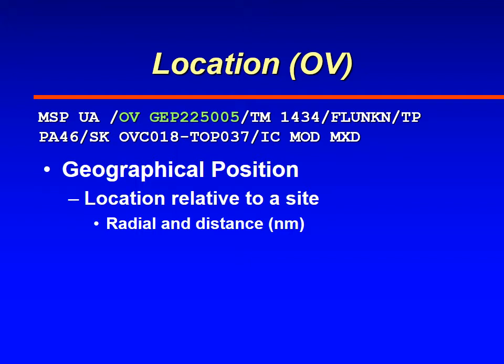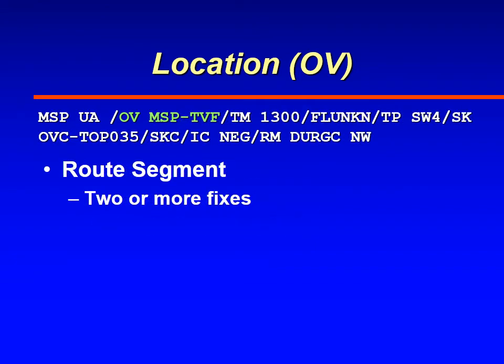The Gopher VOR is down near Minnesota, down near Minneapolis. And it's 225 degrees from that location, so in other words to the southwest at about 5 miles. So this airplane is about 5 miles southwest of the Gopher VOR. Here's a route segment. This is between Minneapolis and Thief River Falls. I think that's pretty straightforward.